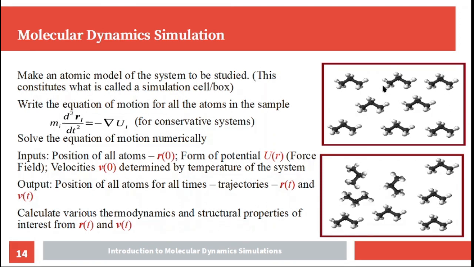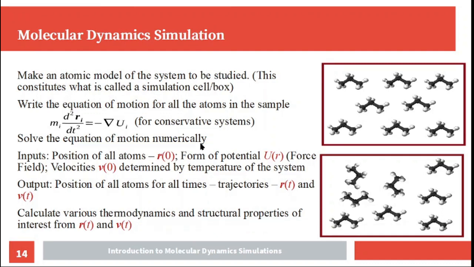Once you have this model, you write down the equation of motion for all the atoms in the sample. That is, you write down the Newtonian equation of motion. So for example, for conservative systems, the equation of motion is mass times acceleration equals the negative gradient of some interaction energy. And then you solve the equation of motion numerically.